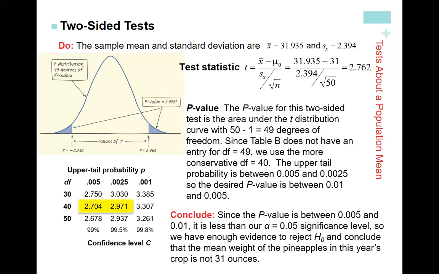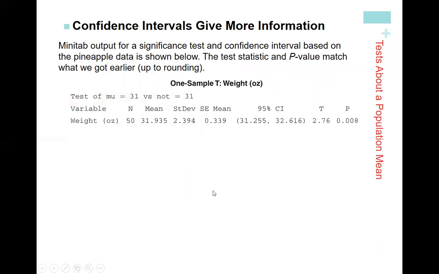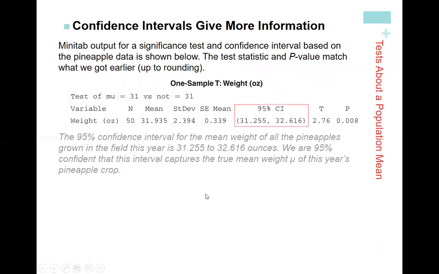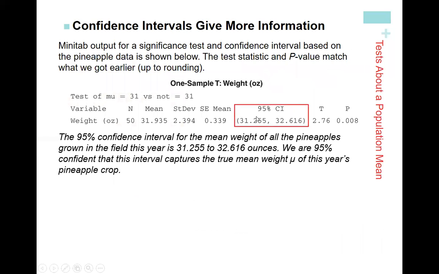If we want an estimate of what the mean actually is, that's the information that confidence intervals are going to give us. That's information that's going to be useful in a confidence interval. And if I were to do the confidence interval, by the way, here's the standard error that you would use.